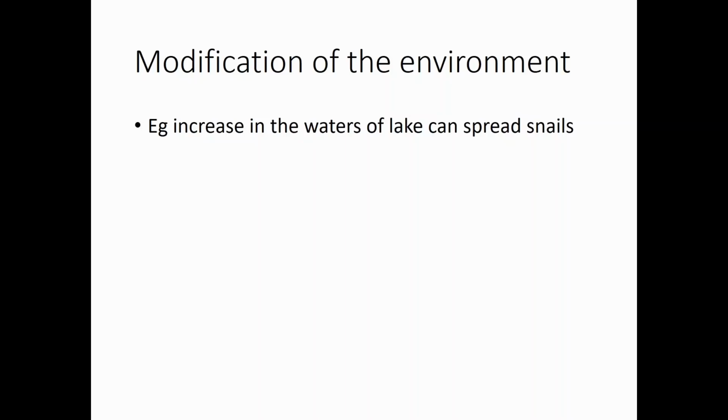And we saw earlier that water snails are the ones responsible for harboring parasites that spread a disease known as bilharzia or schistosomiasis. So for instance, once water levels increase in Lake Victoria, the waters will start spreading to the shores.